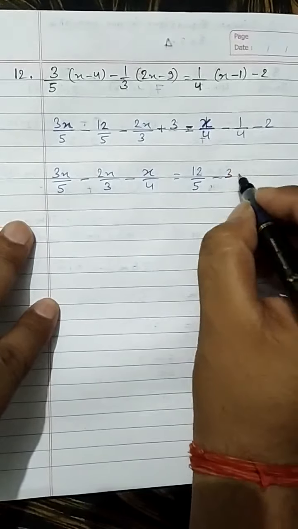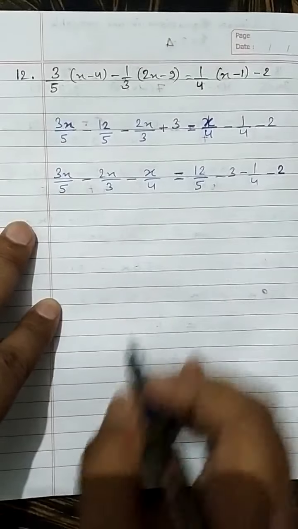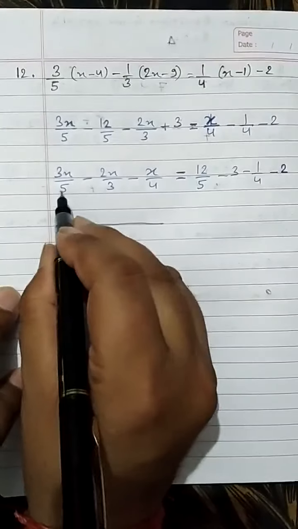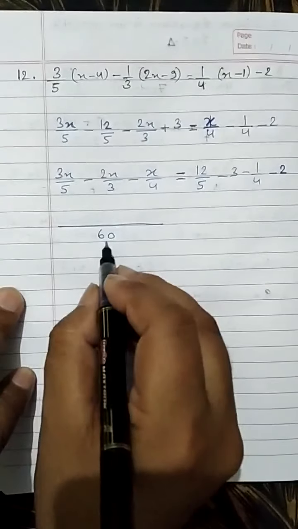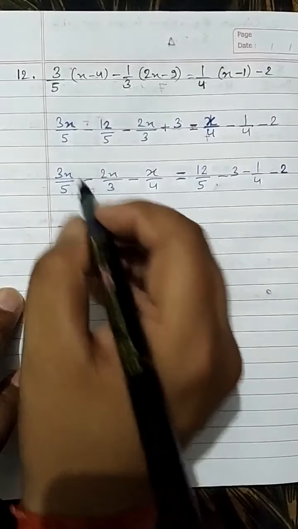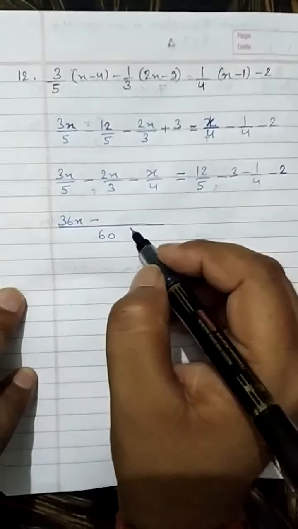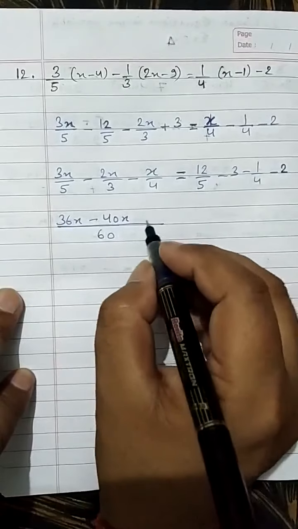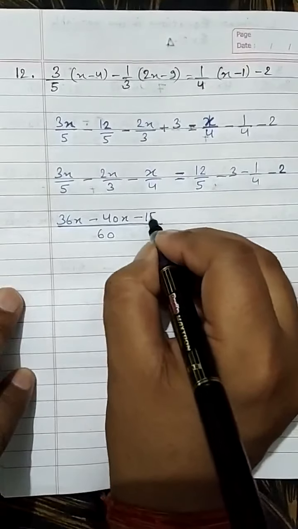This minus 1 upon 4 will be as it is, minus 2 will be as it is, because on the same side the signs are never changed. Now we'll take the LCM of 5, 3 and 4. 5 threes are 15, 15 fours are 60. 60 divided by 5 is 12, and 12 threes are 36. Minus 60 divided by 3 is 20, and 20 twos are 40. 60 divided by 4 is 15, 15x.